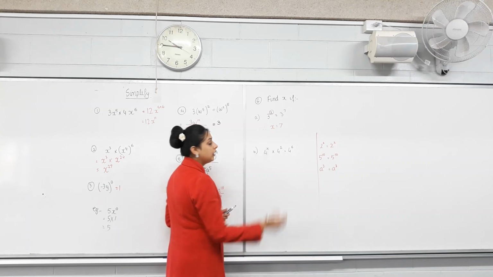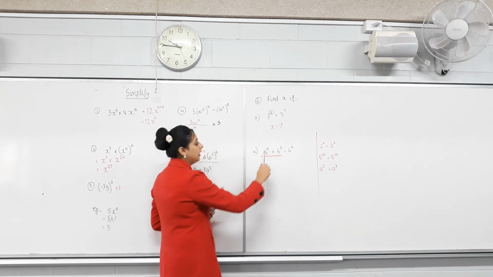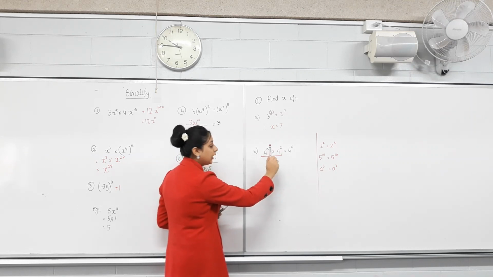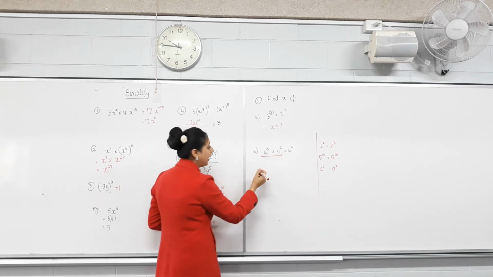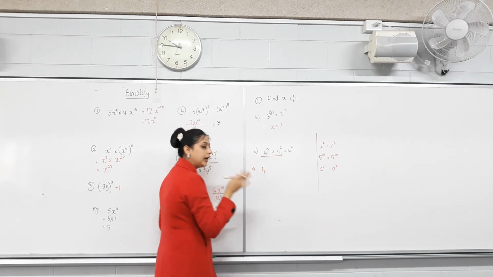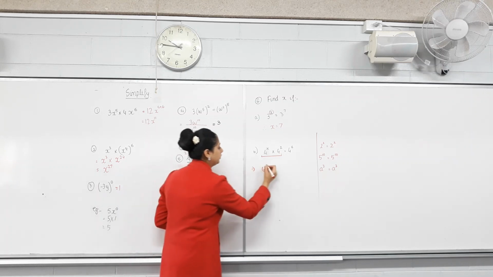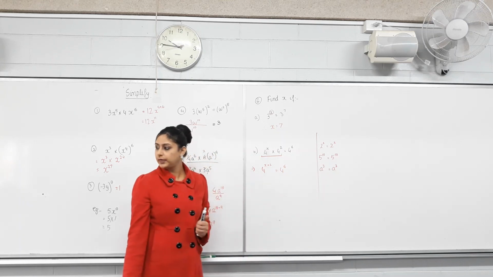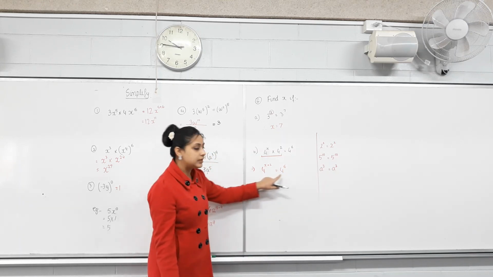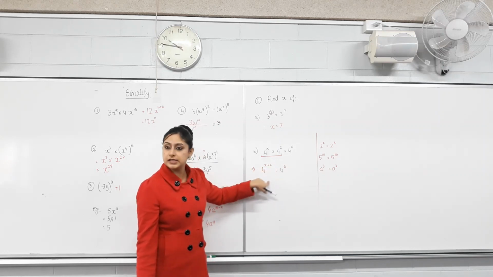Next one. Now, I'll first use the index law here to combine the powers. Bases are same and they're being times. What happens to the power? Add. So, if I'm to add x and 2, what will I write? X plus 2? Is that right? Yes. Now, bases are same. Eyes on the board. Here. Are the bases same?